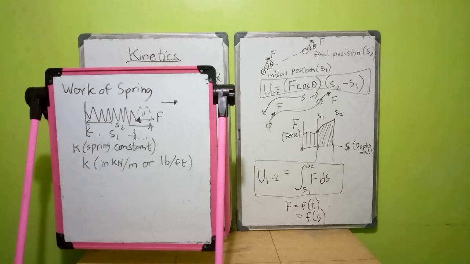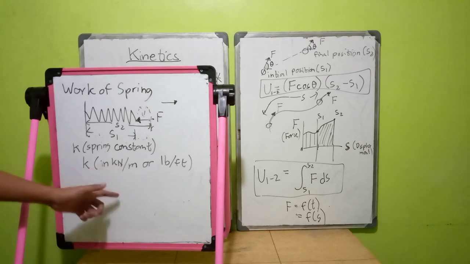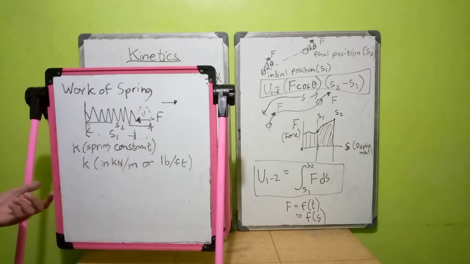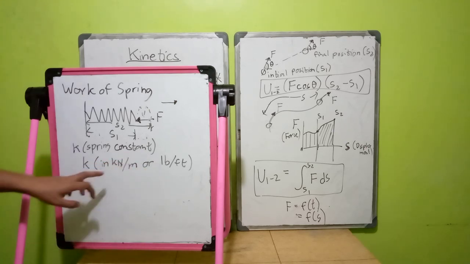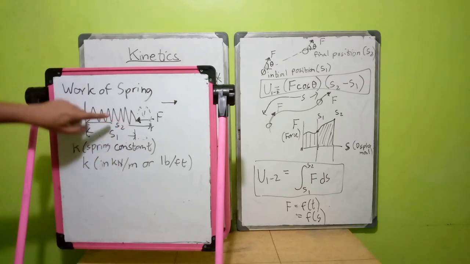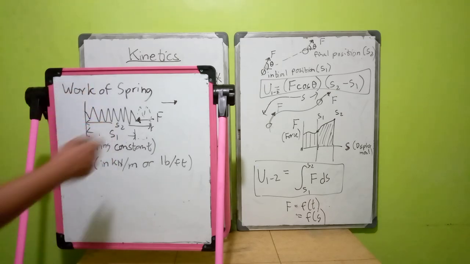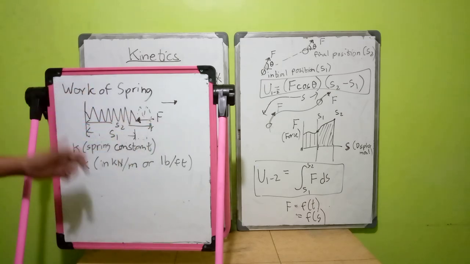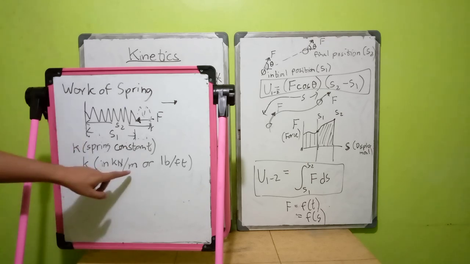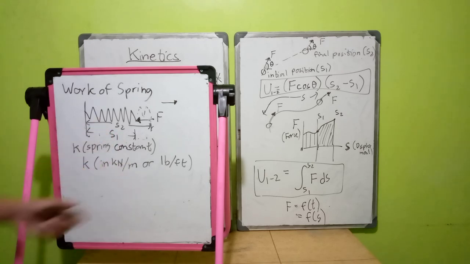If you apply a certain force, for example in kilonewton or pounds, then as you pull the spring to a certain degree, the force applied will increase relative to the displacement. This is what we call the spring constant.